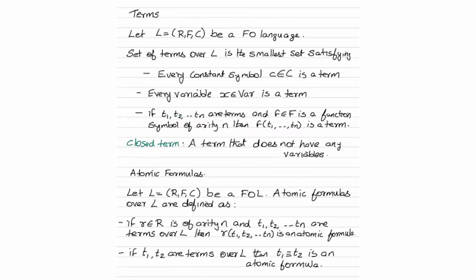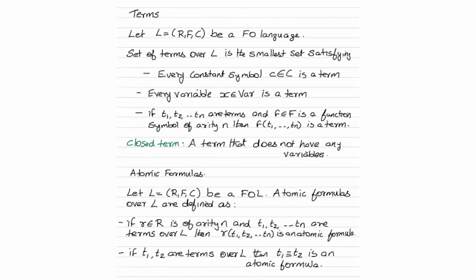Okay. And using terms, you can define atomic formulas. What are atomic formulas? The application of a relation symbol is an atomic formula. If you have two terms, then the equality over terms is also an atomic formula. And that's it. Typically the language would include equality, but there are languages where you don't want equality.